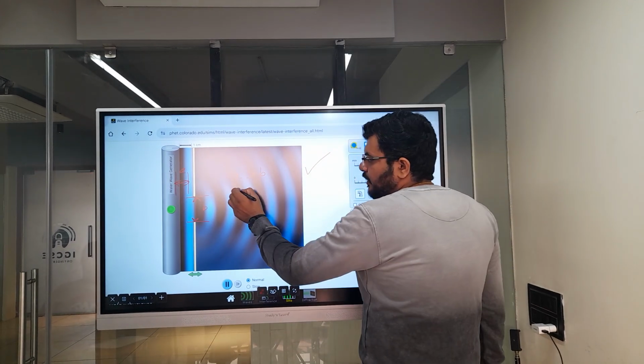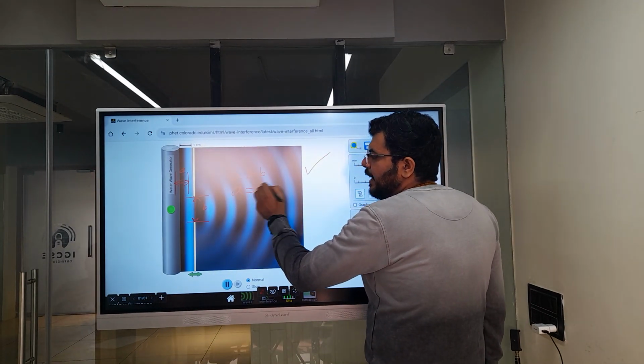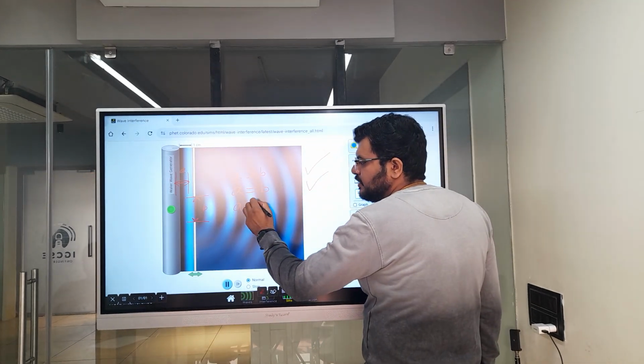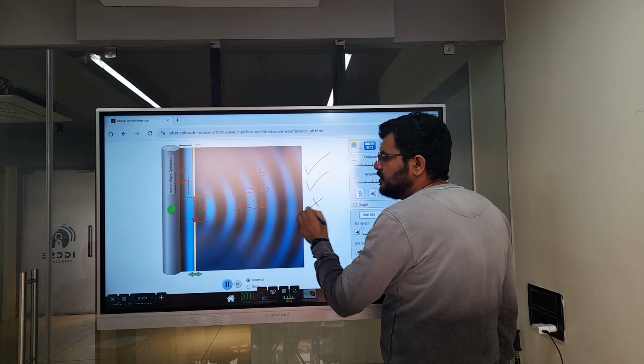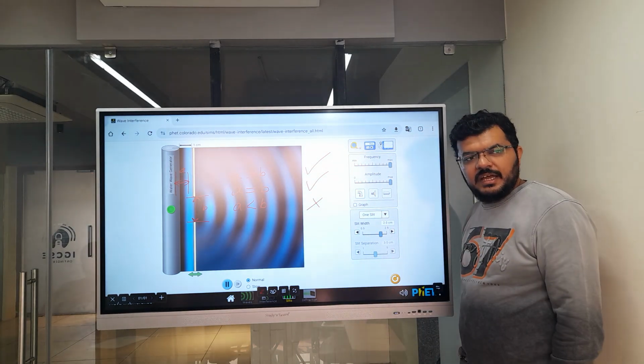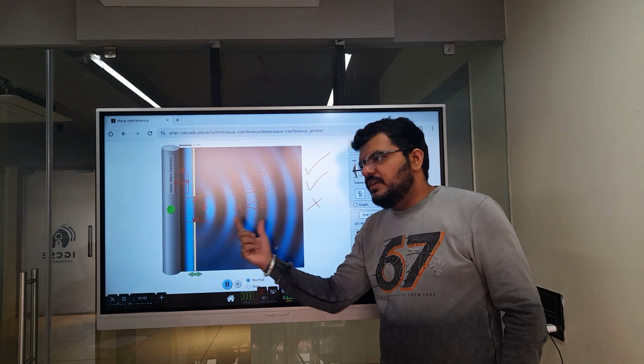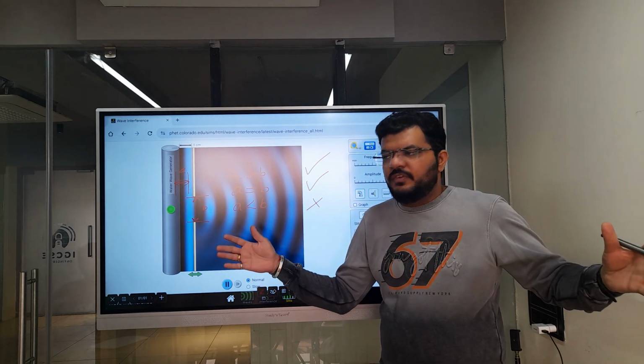Wavelength equal to gap, diffraction will happen. But wavelength smaller than gap, diffraction will not happen. The waves will just bend.